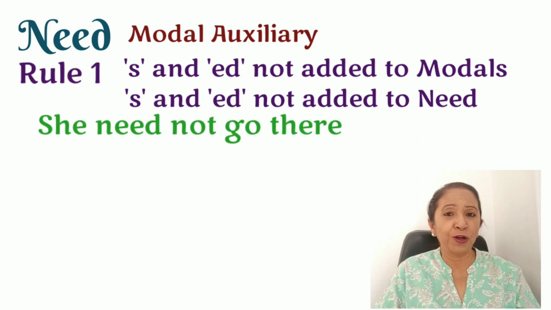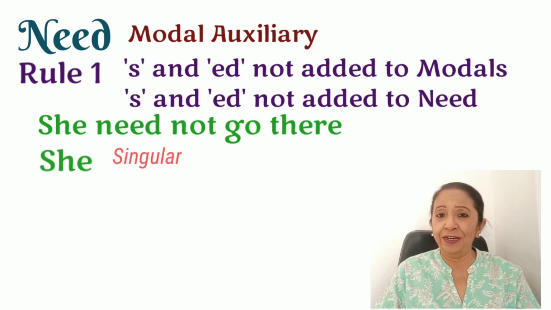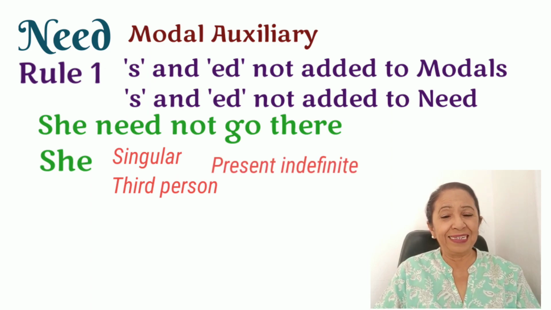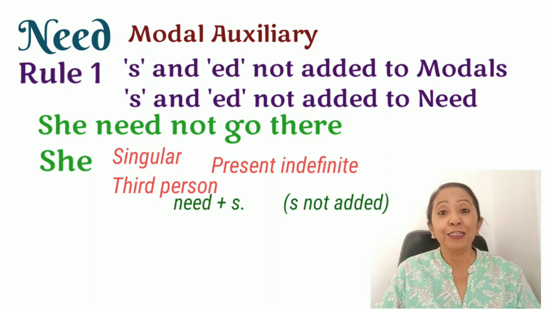She need not go there. Although the subject is singular, third person, and the tense is present indefinite, we don't add s to need because it functions as a modal auxiliary.